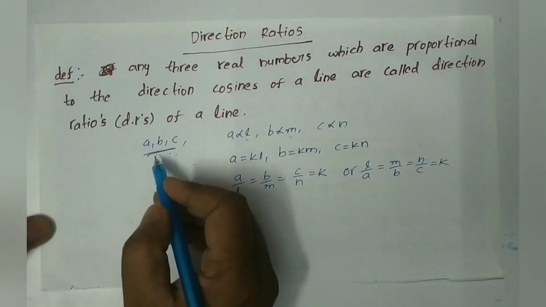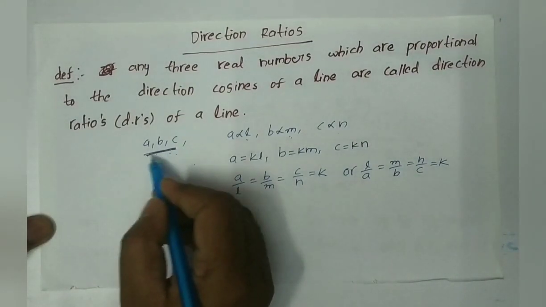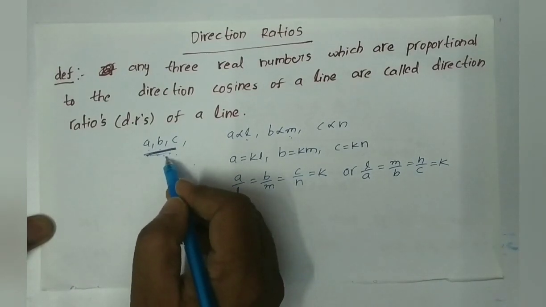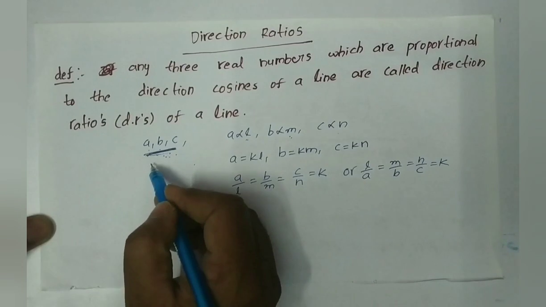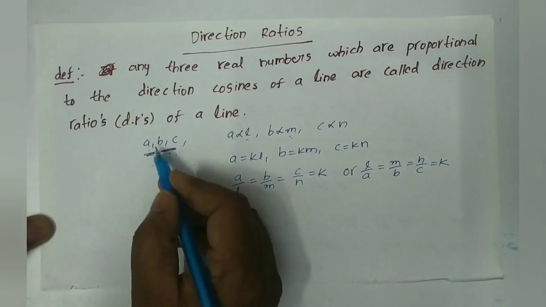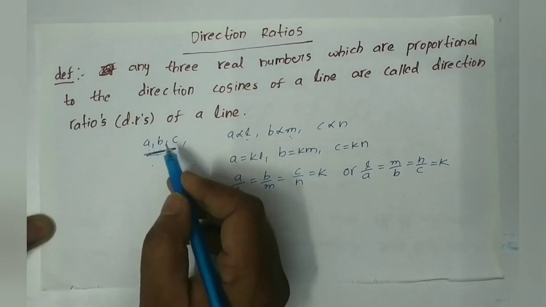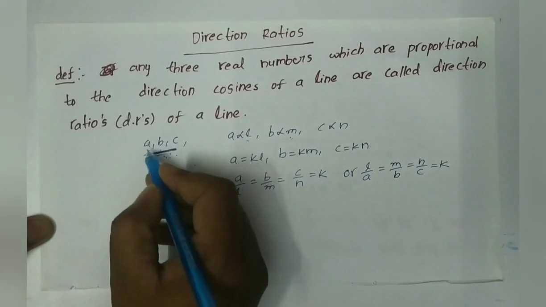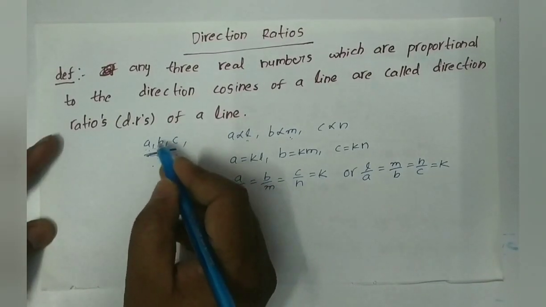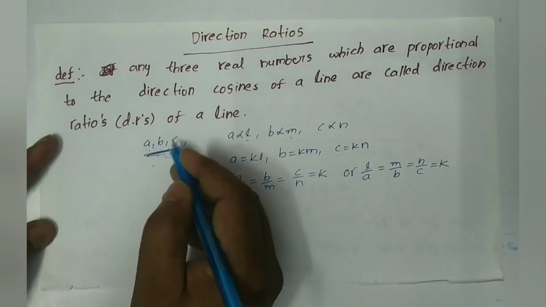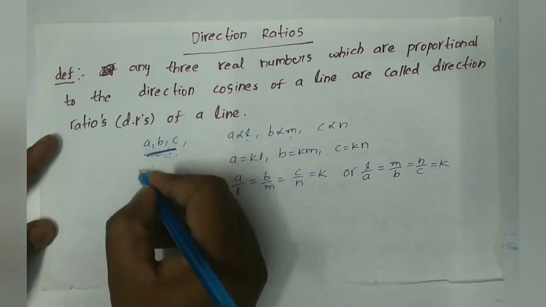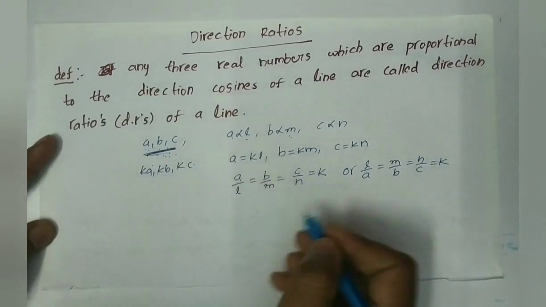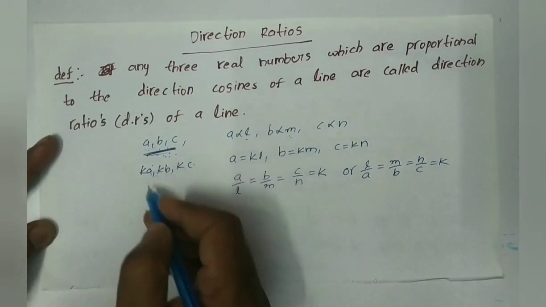For any line, if a, b, c are direction ratios, then any multiple of a, b, c, that means ka, kb, kc, are also direction ratios of the line.